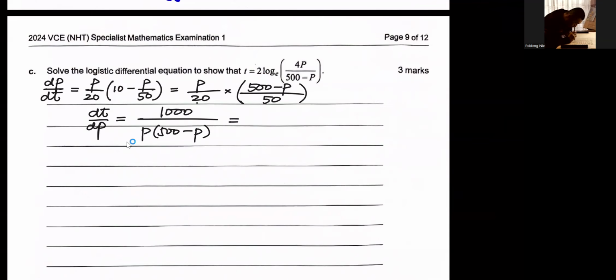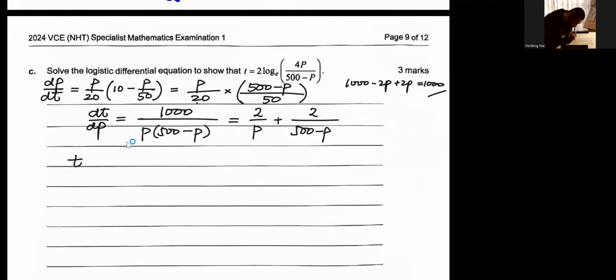And we probably could make a partial fraction here. So if I've got a 2 here and a 2 here, does that work? 2 times (500 minus P), 1,000 minus 2P plus 2P. Yep, it's 1,000. Good, it works.